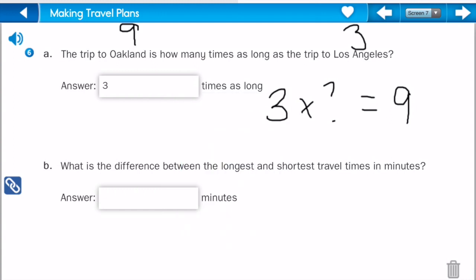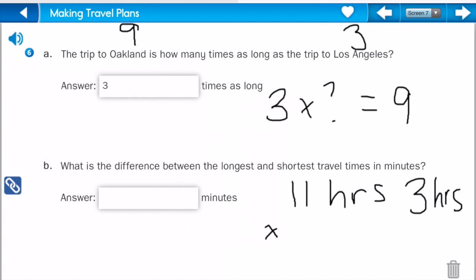So they're asking us, what is the difference between the longest and shortest travel times in minutes? Our longest travel time is 11 hours. Our shortest travel time is 3 hours. So now we have to figure out how many minutes are in those hours.